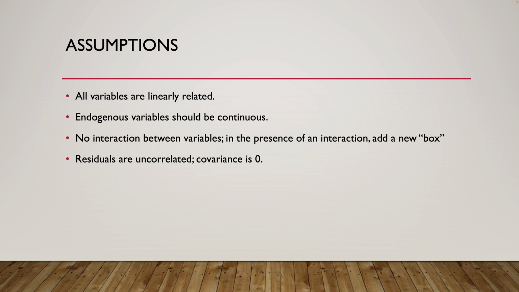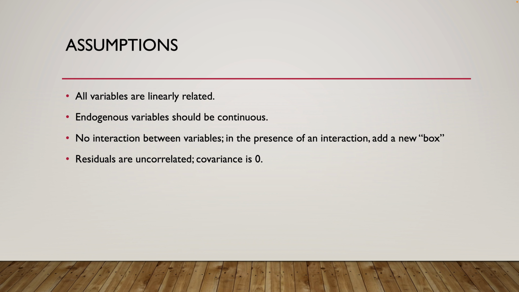And actually, I've seen literature that says we can proceed with an ordinal variable with five levels. So that's just something you'd have to investigate a little further. We don't include interaction terms. In the presence of an interaction, then just add a new box as an endogenous or X. There you go.